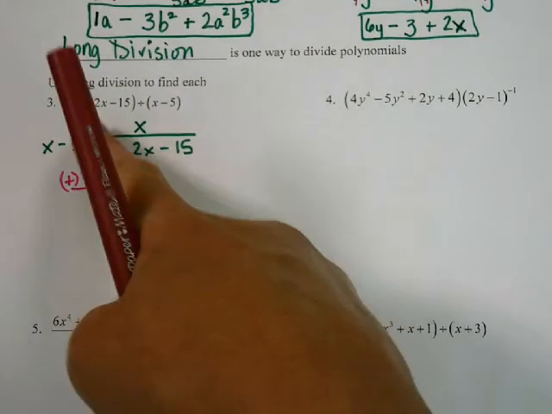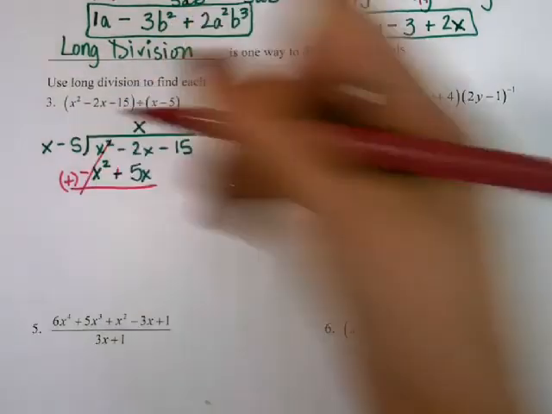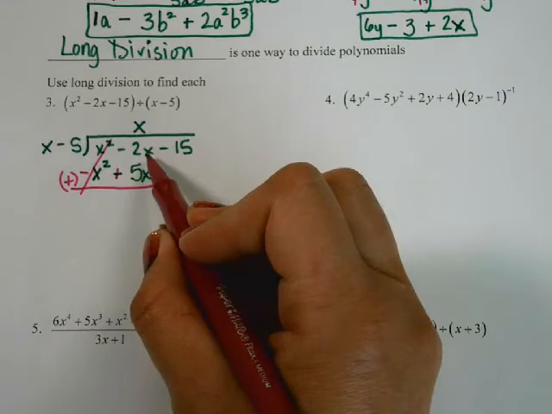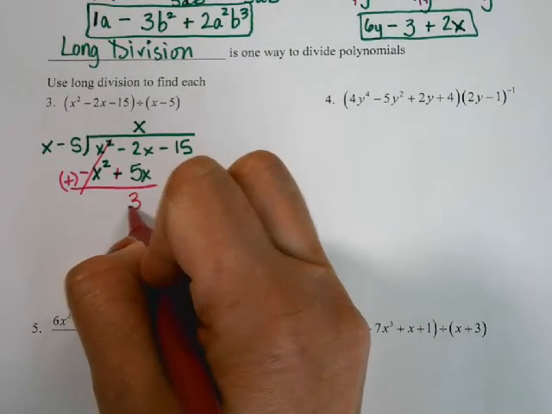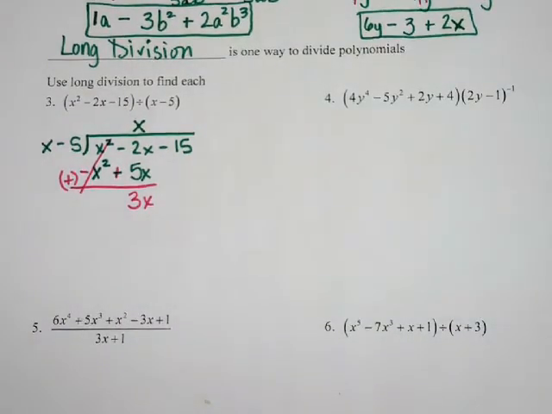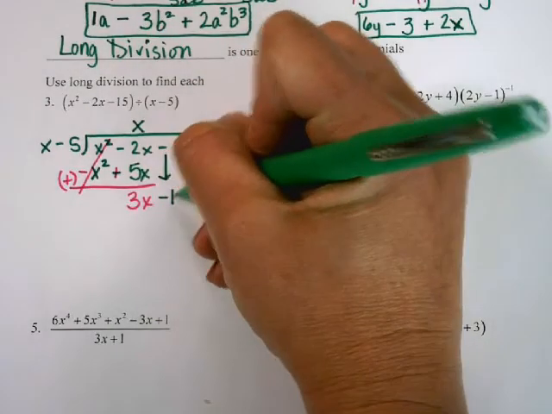So I have an x squared plus a negative x squared. Those guys are going to cancel. And then I have a negative 2x plus 5x, 3x. And just like with our long division, then we brought the next one down. So minus 15.